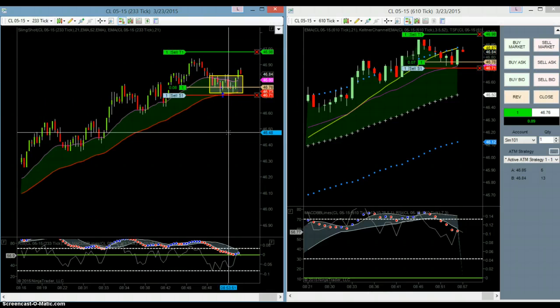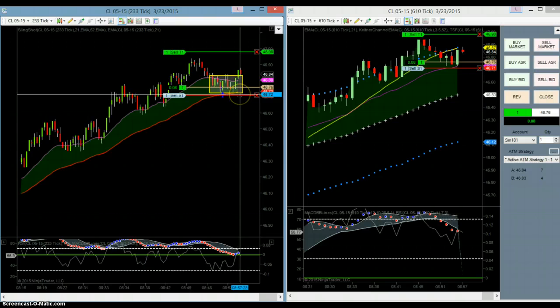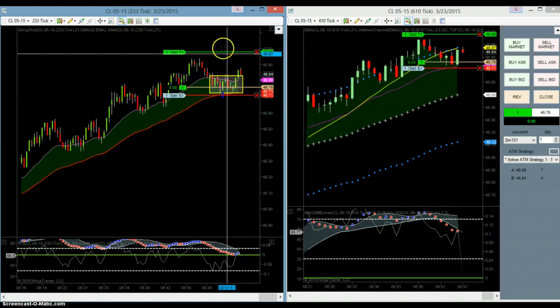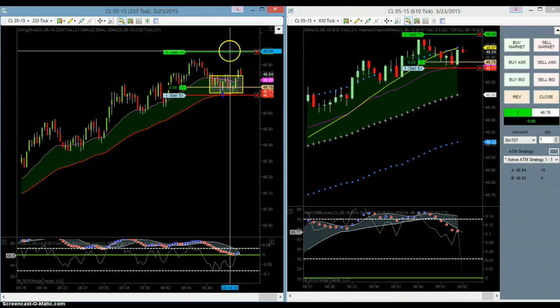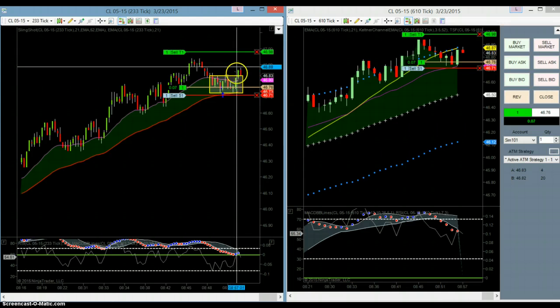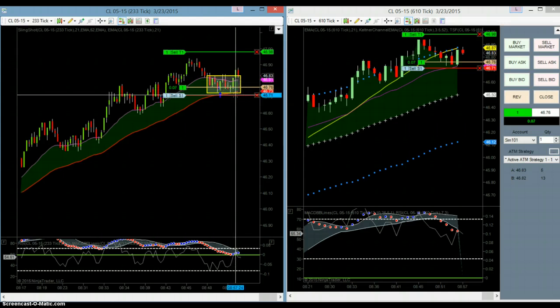And there it goes. Now I just have to wait for it to confirm and continue. I have a very conservative target set right below the 47s, and as soon as it breaks away, I'm going to start trailing my stop.